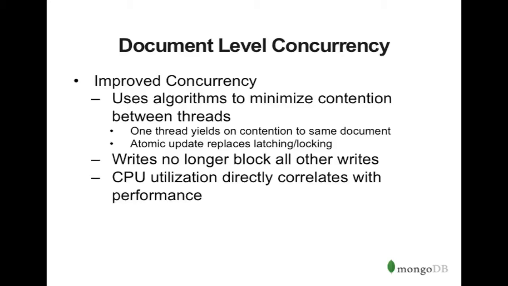Essentially, if two operations are being sent to the server, and those operations are taking place in the same database, then from a read perspective, we don't need to lock. We can have as many parallel readers as necessary.